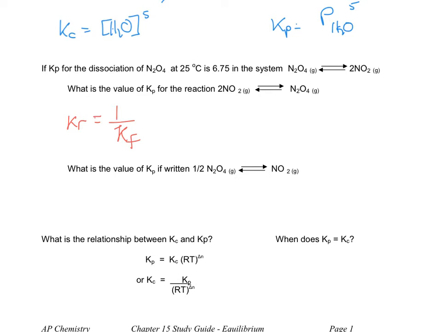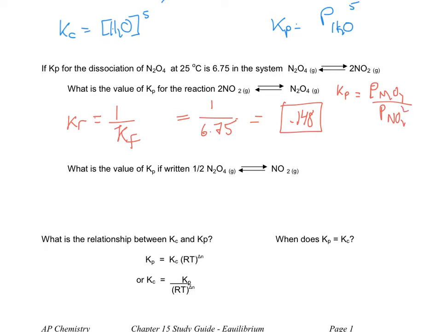So Kp for the reverse reaction would be 1 over 6.75, which would equal 0.148. And just to prove to you that it would be 1 over that, or the reverse of it, if you were to write Kp for the reaction that we want, it's the partial pressure of N2O4 divided by the partial pressure of NO2 squared.